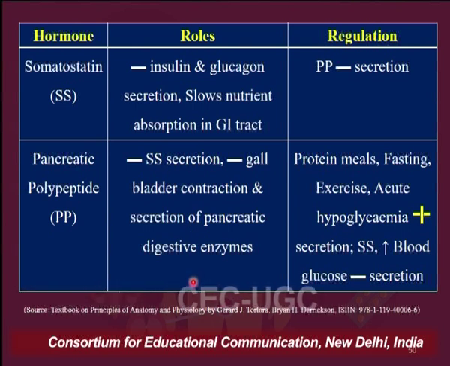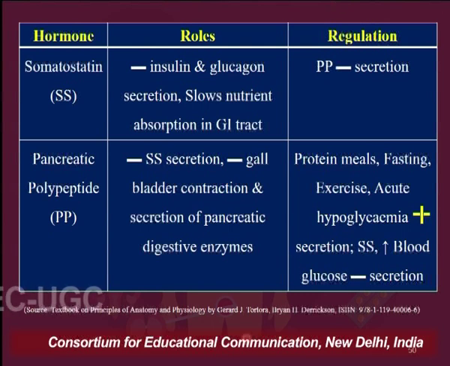So you can imagine that it is actually doing what? It is slowing the process of digestion. So somatostatin was slowing the process of absorption, but pancreatic polypeptide is slowing the process of digestion by inhibiting the gallbladder contraction and secretion of the digestive enzymes from the pancreas.